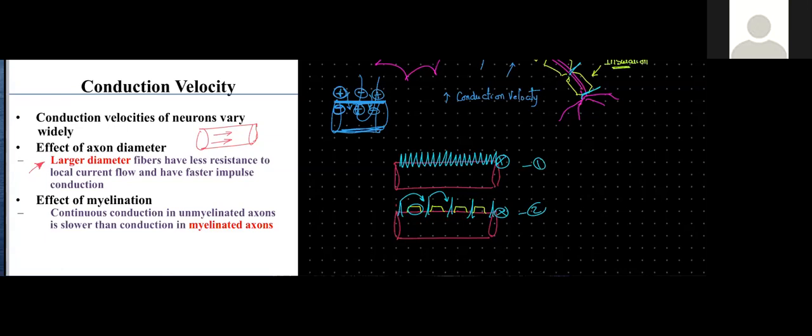What is the effect of myelination? Speeds up the velocity of the electrical conduction along the nerve fiber. Easy, easy.